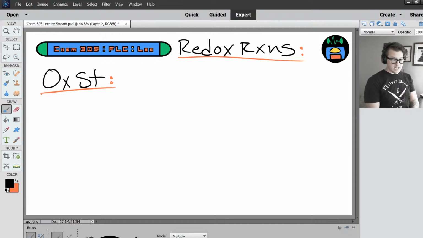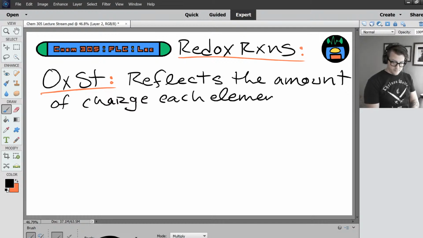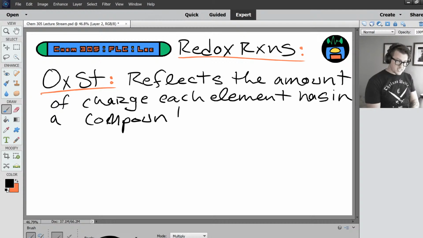First, the oxidation state reflects the amount of charge each element has in a compound. They're not actual charges, but they reflect whether they're electron rich or deficient.